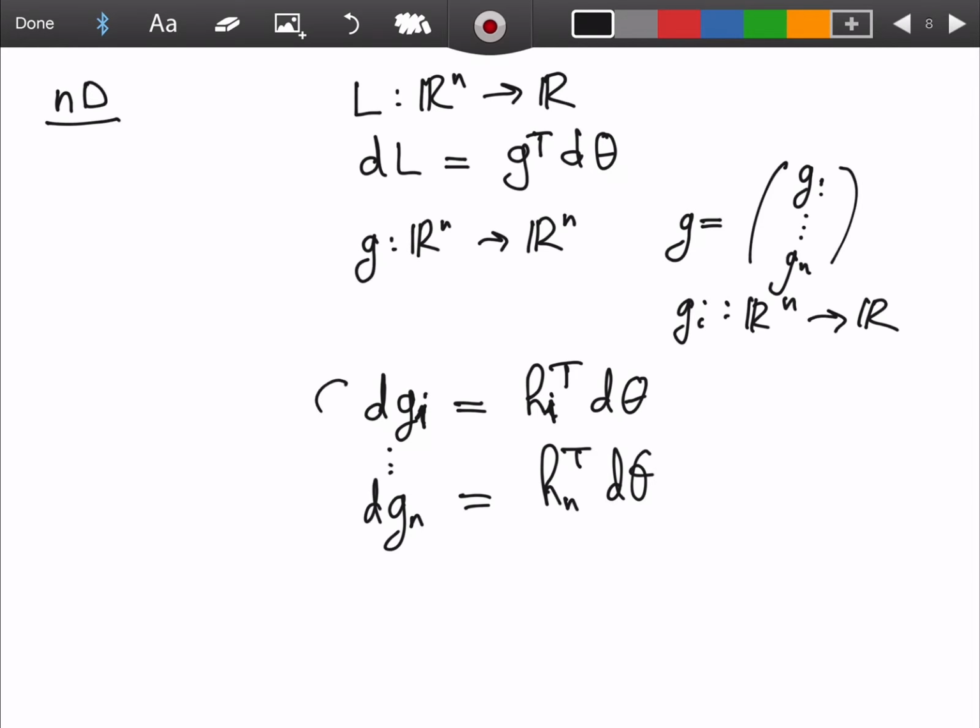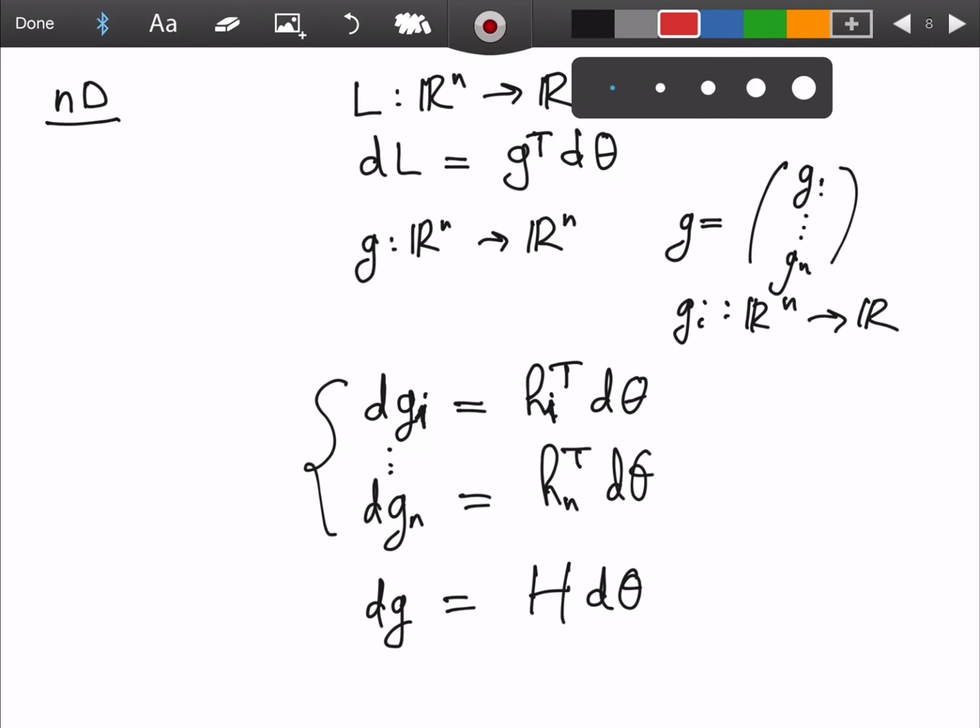Or, since I don't like writing anything in coordinates, let's write it in matrix vector notation. Instead of writing dgi, I write dg, which is an n-dimensional vector. Instead of writing h1 transpose until hn transpose, I will write the n by n matrix H, whose rows are these hi transpose, times d theta. So we defined the gradient as the object that makes this relation hold.